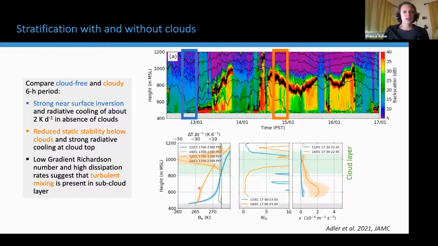As an indication of turbulence, we computed gradient Richardson numbers and turbulent kinetic energy dissipation rate for both periods. And we found that during the cloudy period, gradient Richardson numbers were very low in the subcloud layer, and dissipation rate was rather high. This suggests that turbulent mixing in the subcloud layer was responsible for the difference in stratification we've seen in the lower part of the cold pool.